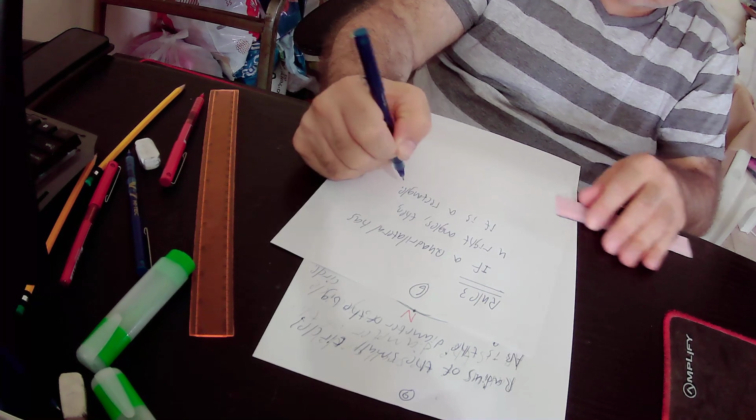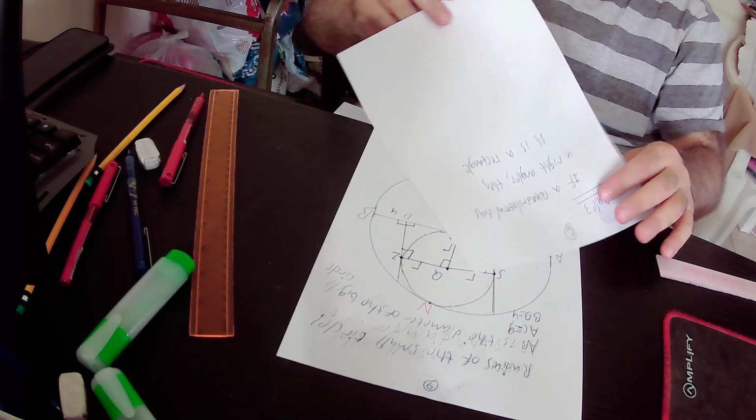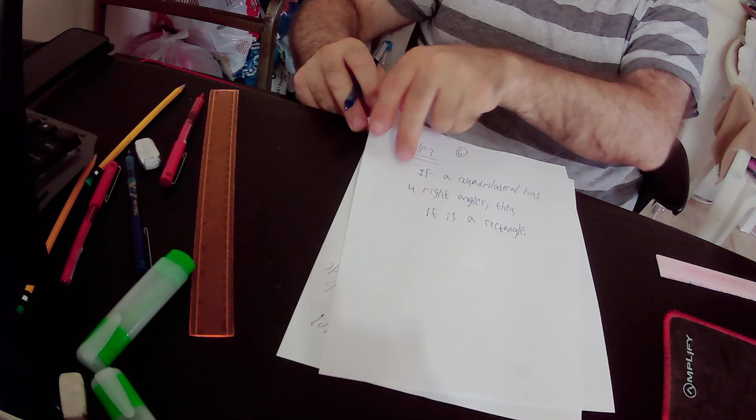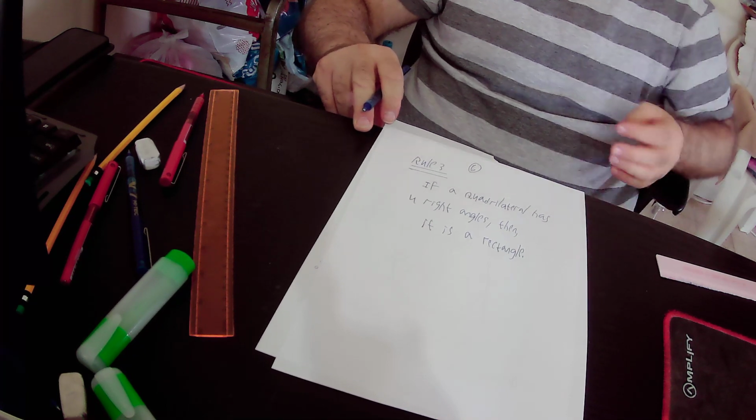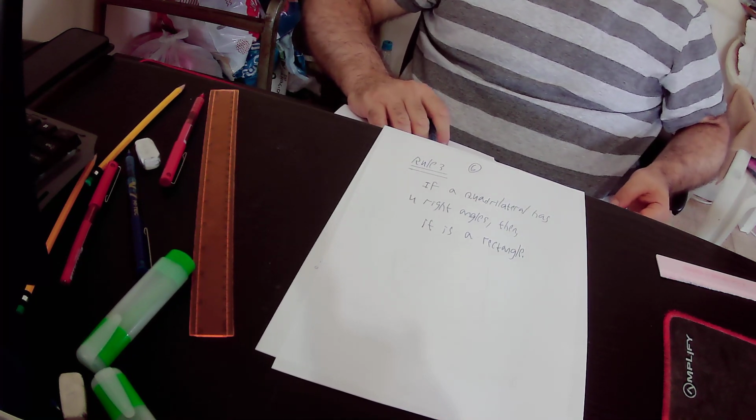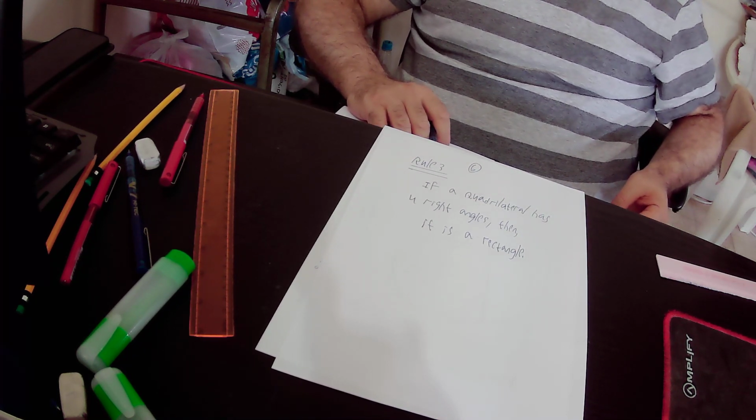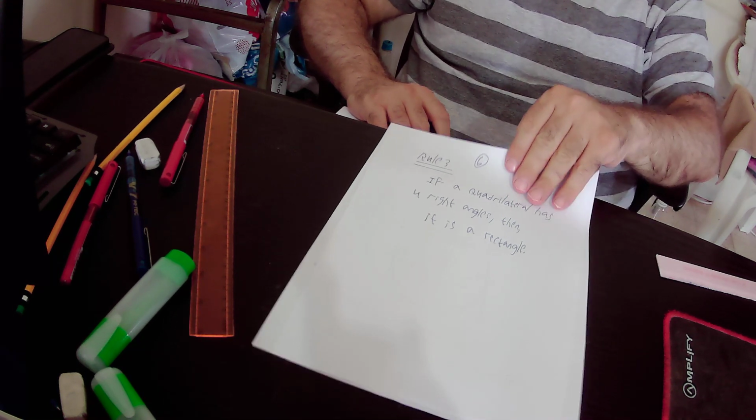So I read rule number 3 again. According to rule number 3, if a quadrilateral has 4 right angles, then it is a rectangle.